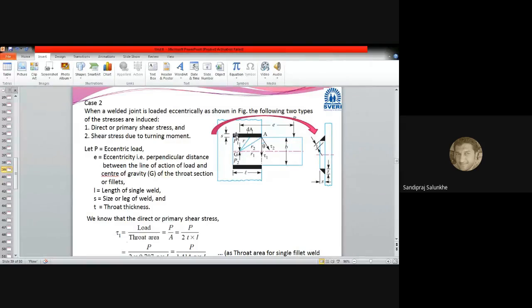Otherwise, what will happen? If the moment is not zero, this will be in an unbalanced condition. If the load P is sustained, that is, no motion is created, it means that the moment about the CG should be zero.